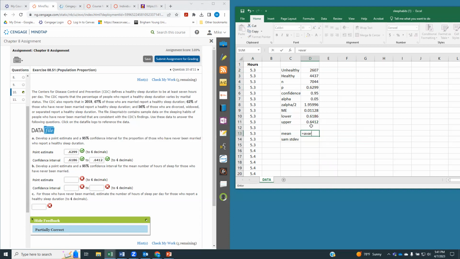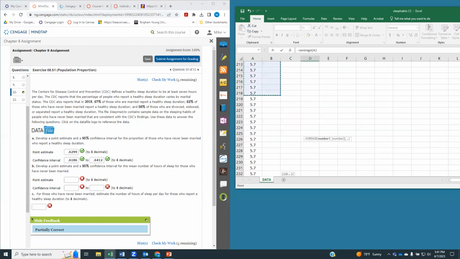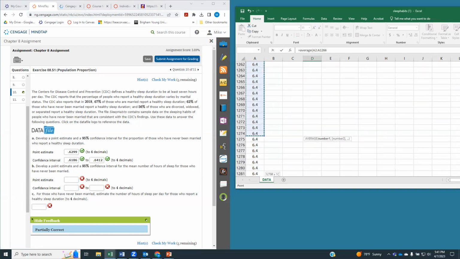So equals average. And now we're just going to highlight every single one of these values. It'll take a second. That's a little bit of a pain.